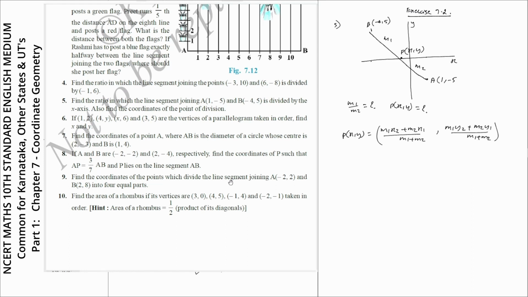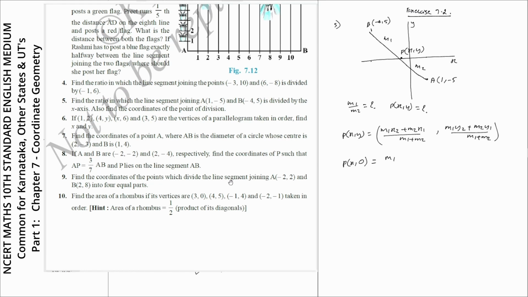This is the section formula, so coordinate of P. Since the given line passes through the x-axis and P lies on this line as well as on the x-axis, y will be 0. Coordinate y of point P will be 0 because P lies on the x-axis. So I'll take P of x comma 0.